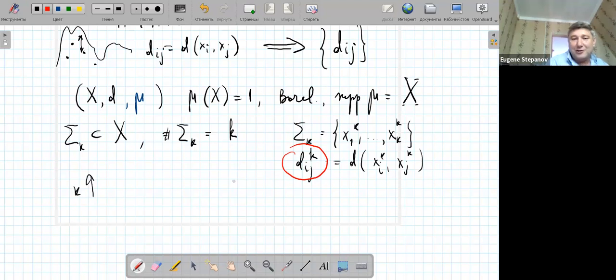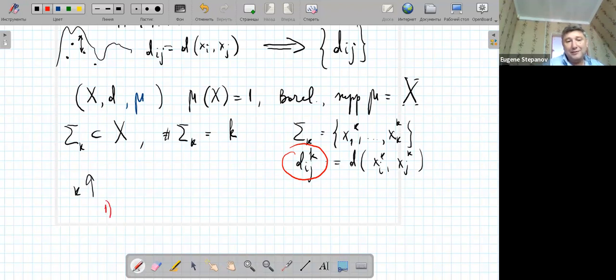A different question, stated a little differently, is how you can choose those sigma k so as to make me get the information about your space.